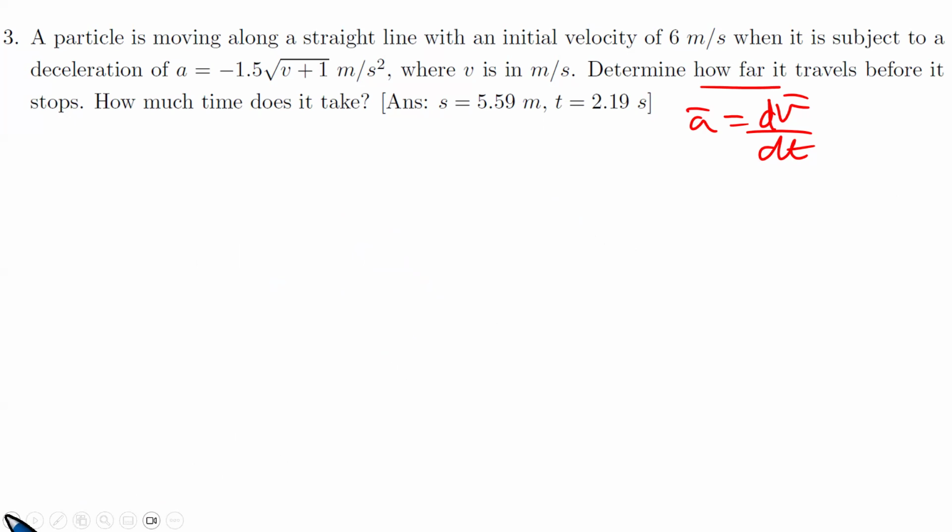So if acceleration itself is dv/dt, we can be in a position to obtain the displacement.